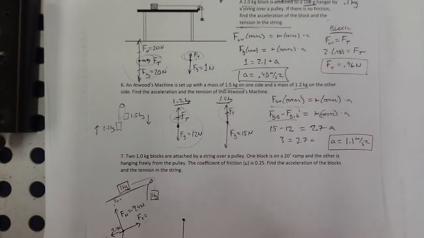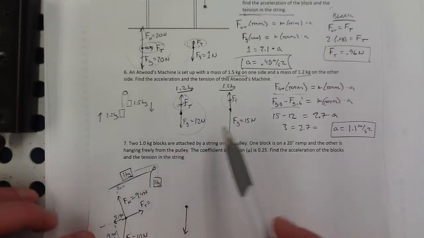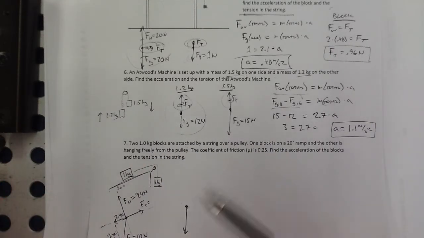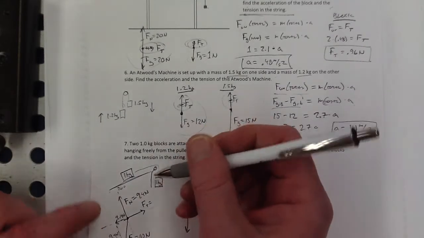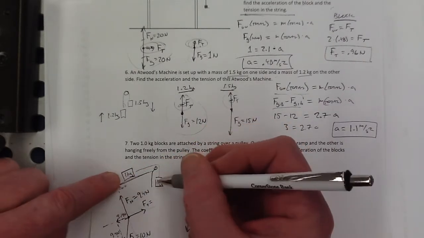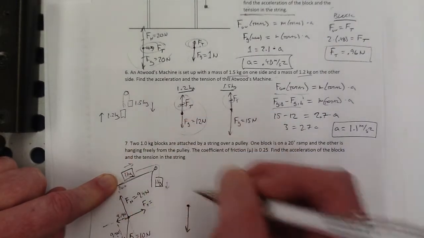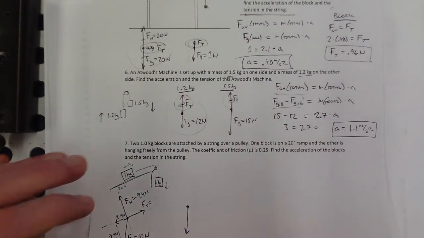One of the things that's tricky about this problem, or did I tell you? I should have probably told you this. It'd make it a tiny bit easier. Or maybe you just intuitively think, when I let these things go, this is going to accelerate down and this is going to accelerate up the ramp. You would be correct if you assumed that.